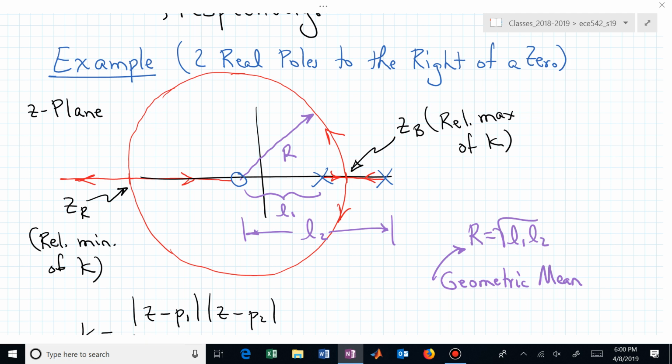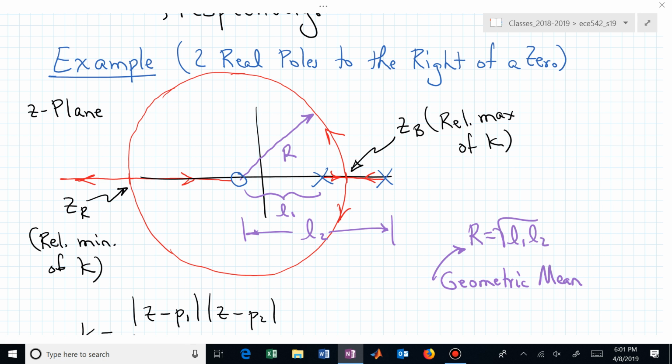Now we have a circular path. And that circular path is determined by this geometric mean length, this R, and hopefully it's clear how I've labeled it. The center of the circle is determined by the location of the 0. And the radius of that circle is determined by these 2 lengths, their geometric mean.